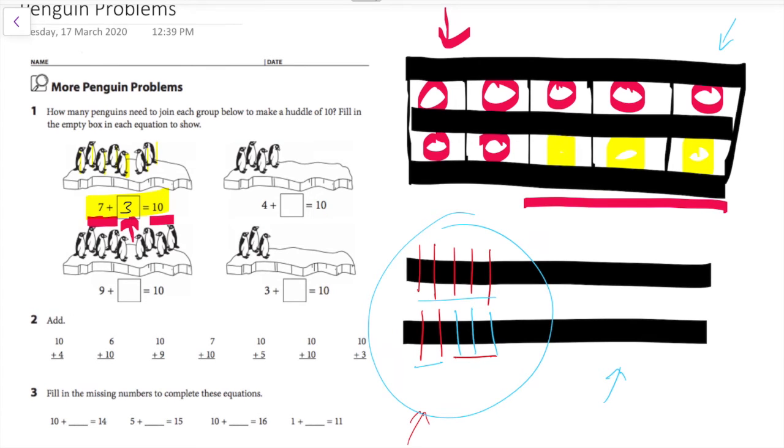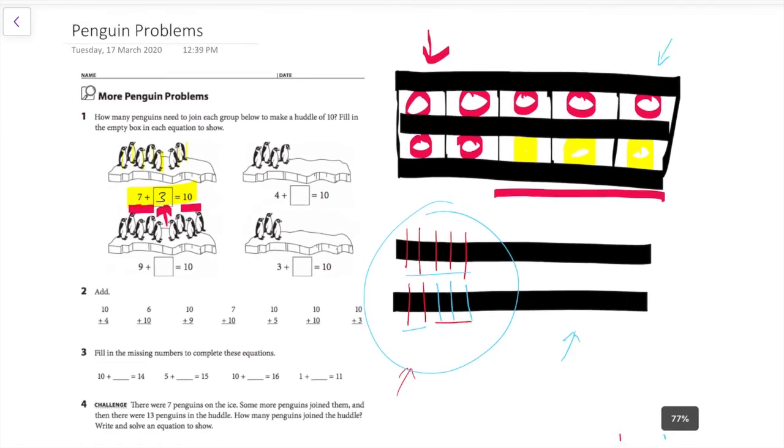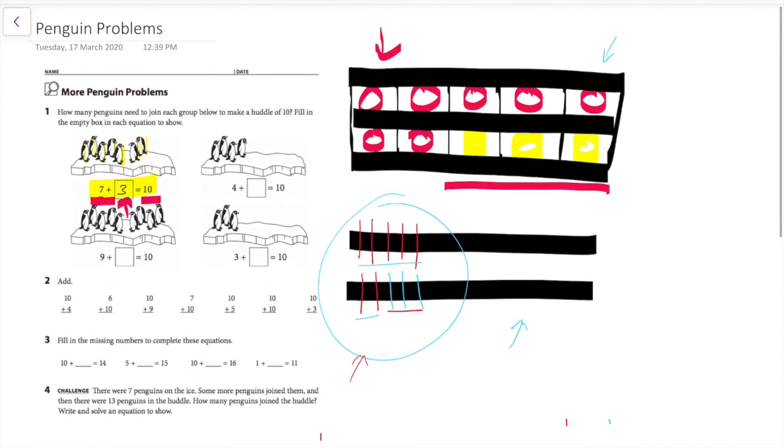Now, if you want to challenge yourself even more, what mathematicians do is use number families to solve tricky equations. So for example, if we know that 7 plus blank equals 10, we might need to solve it by using some subtraction equations. Remember, just like the way we spoke about it in class.